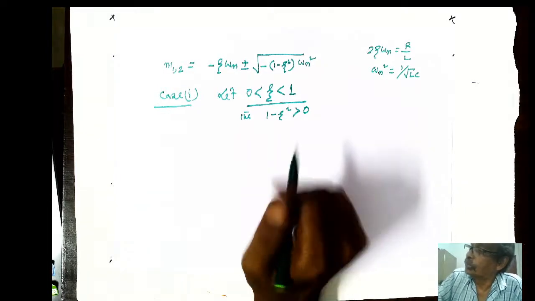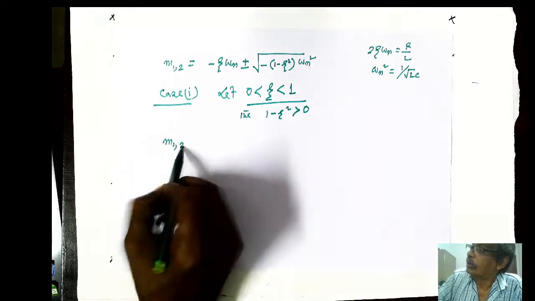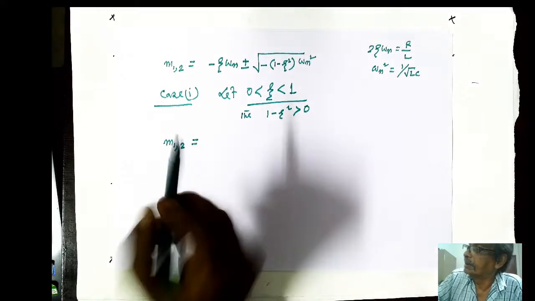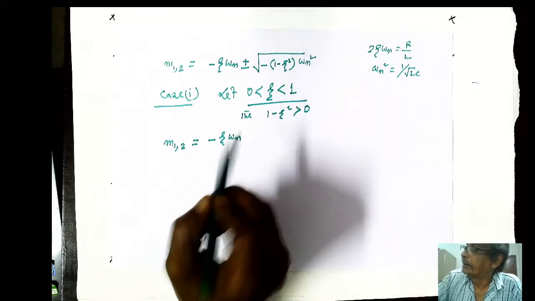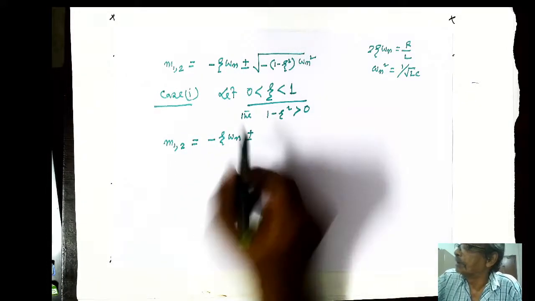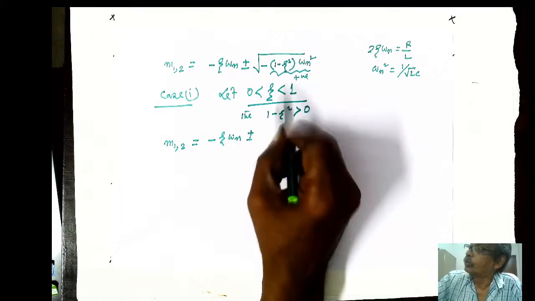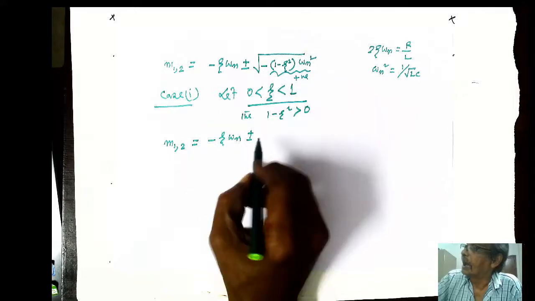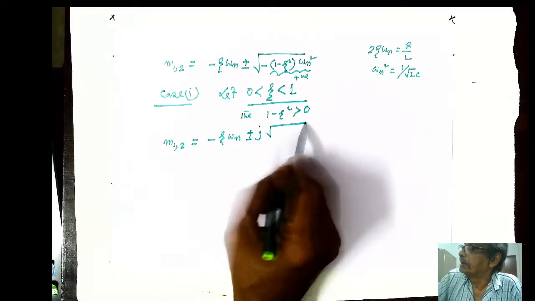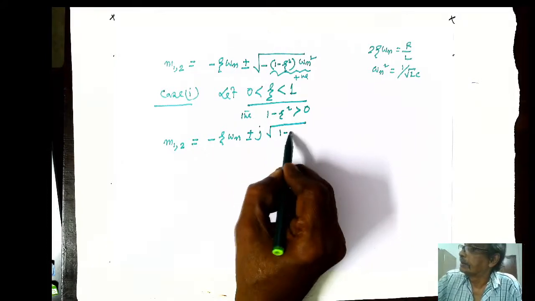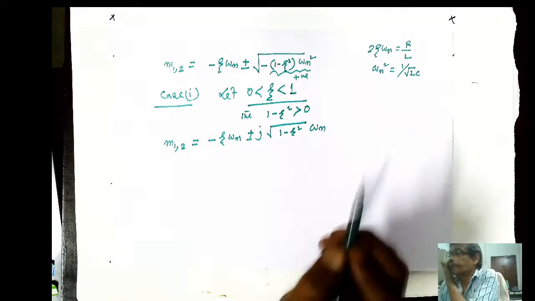Therefore, these two roots, m1 and 2, will look like minus zeta omega n, and this being a positive number, this is positive for this case, and root over minus 1 is j, and this will be 1 minus zeta square into omega n. This omega n can be taken outside.